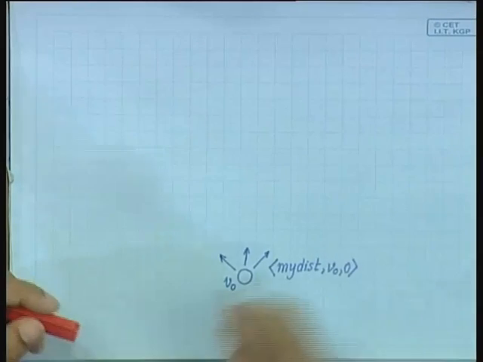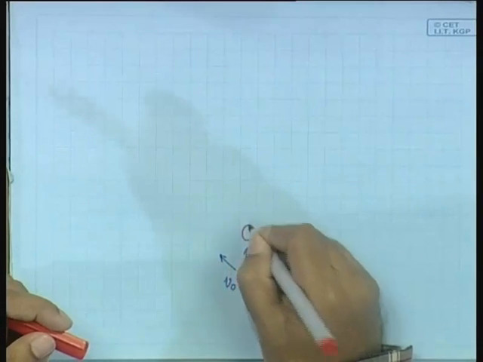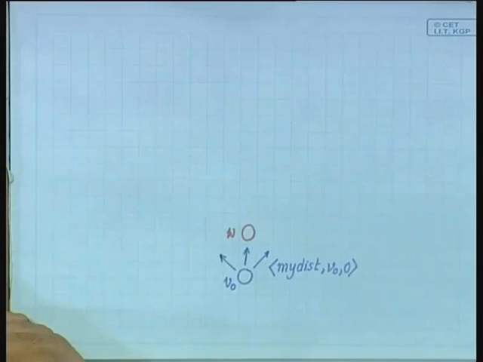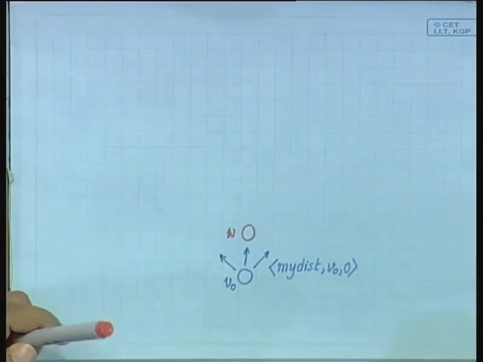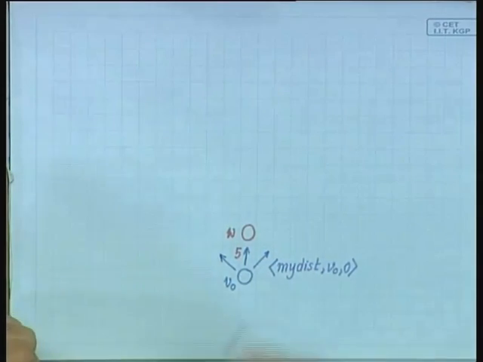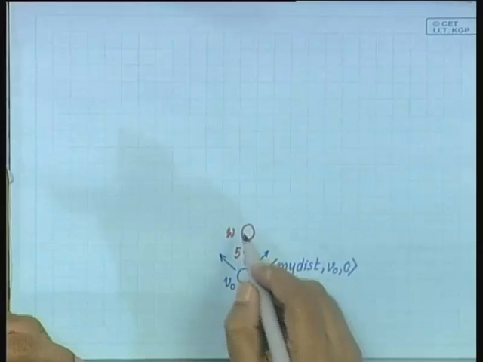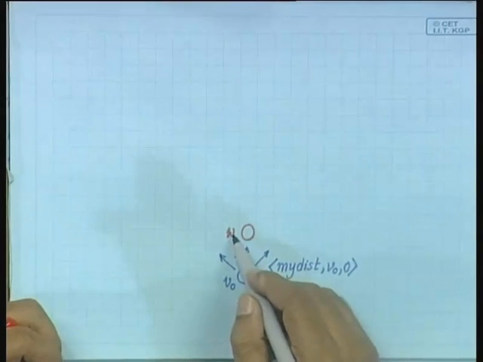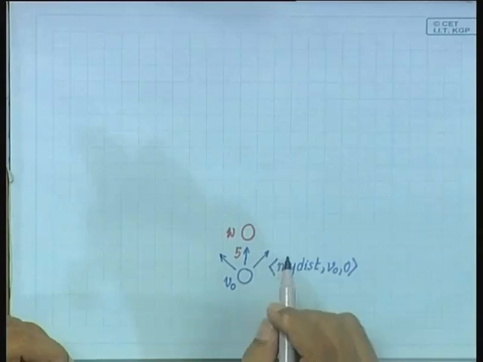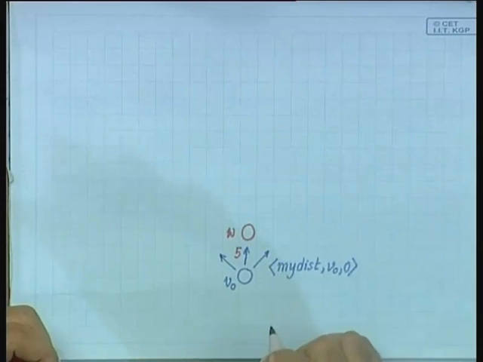What does a neighbor W do when it receives this message? It will compute its distance based on that. So, suppose this edge weight is 5. Then what does the distance become from W to V0? 5, okay, right.